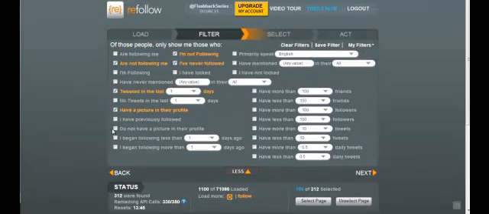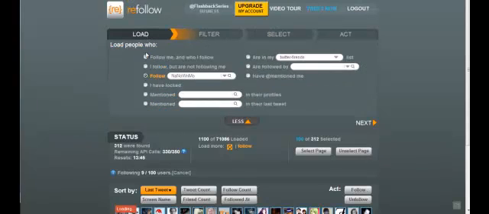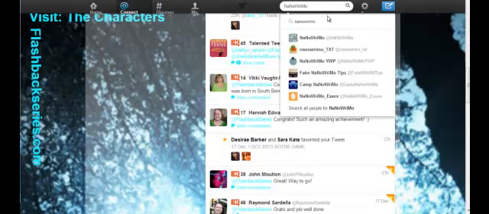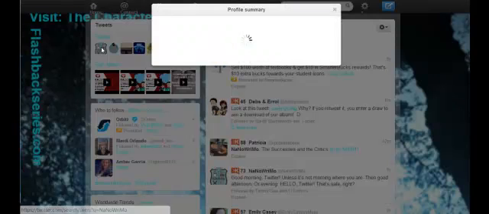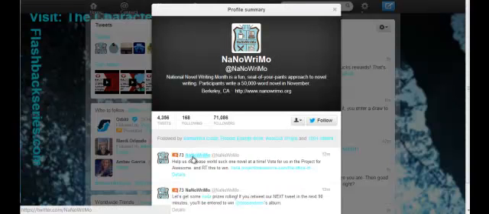And again, they have an interest in writing because of who they're following. And one thing to know about NaNoWriMo, if you go to Twitter and you look them up, they are what you call a pretty good organic person. These 71,000 people are herded in here, and again, they are like-minded people.